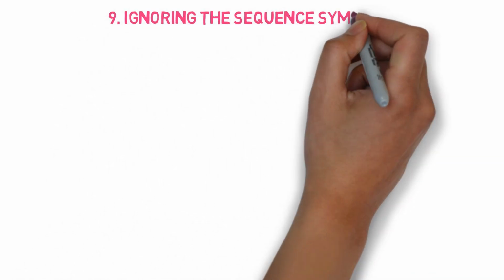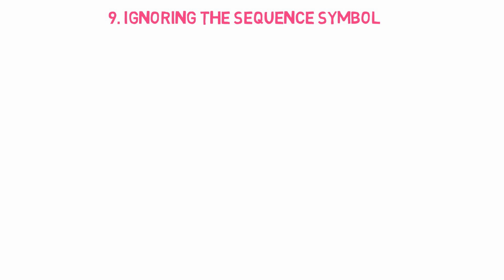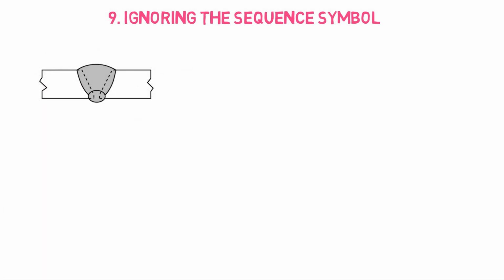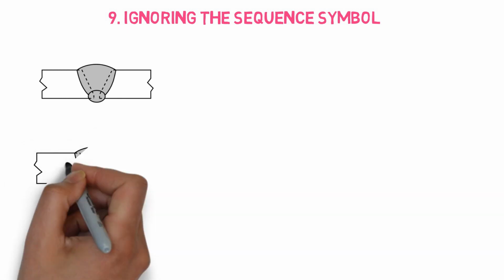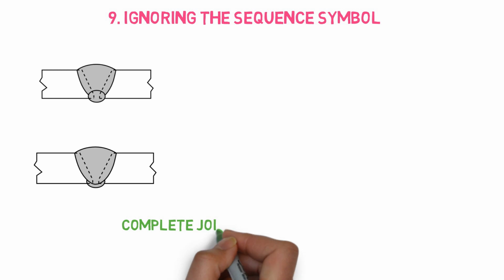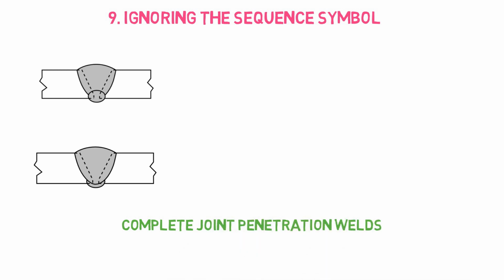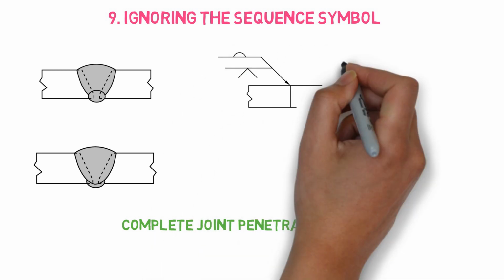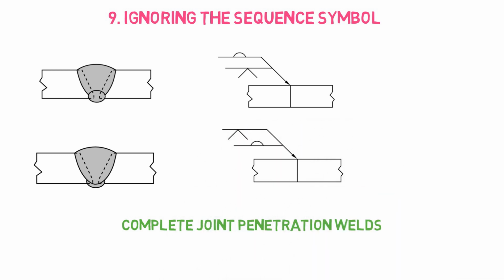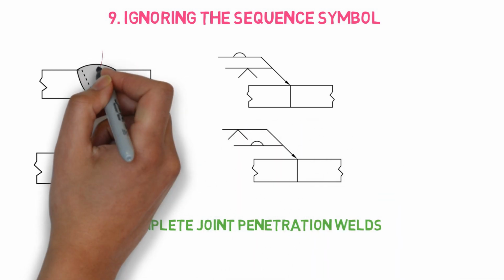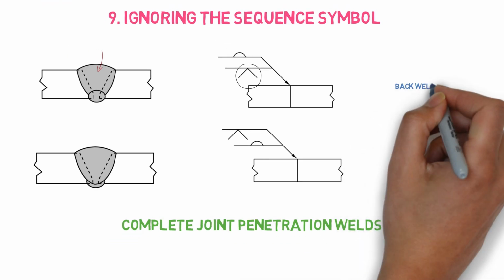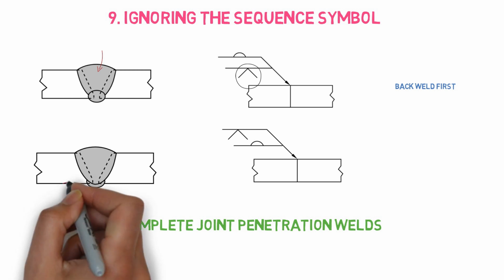The next error is about ignoring the sequence of the welding symbol. We will understand this with these two welded connections. They both look the same, they both are complete joint penetration, and they both are meant to join those two plates with each other. However, in the first symbol, you can see the sequence, and based on the sequence, the V joint should come first and then later be followed by the back weld.